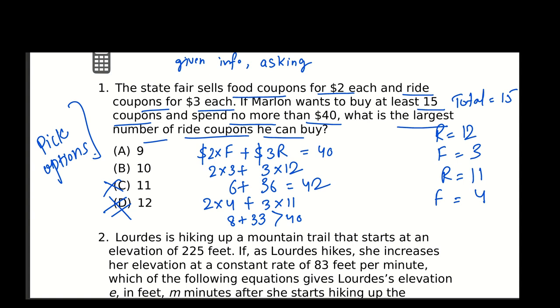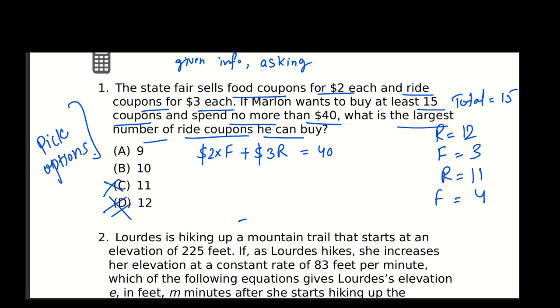So here we are going to put the values. If ride coupons are 10, then food coupons would be 5.